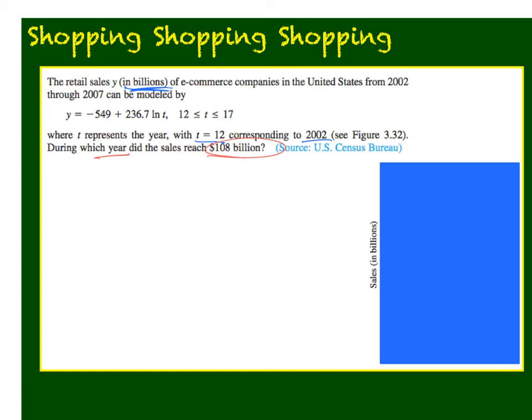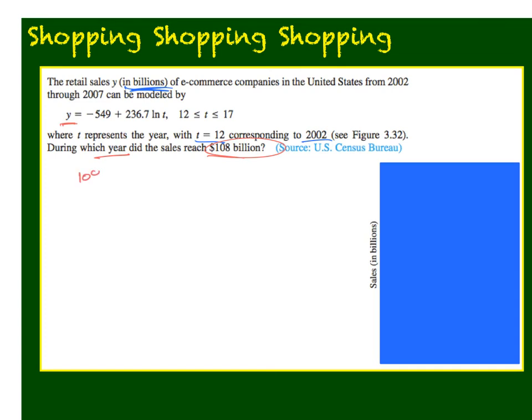All right, what do we have to do? We need to find how long it was. So what am I going to solve for? I'm going to solve for T eventually. So what is this 108? That's our Y, so we set equal.